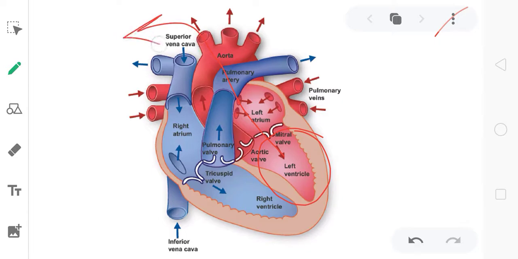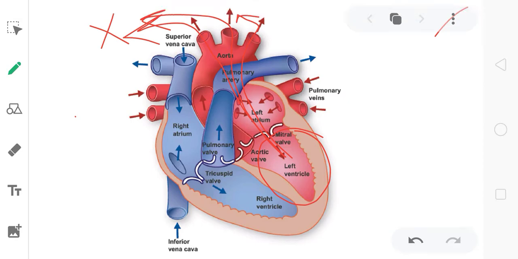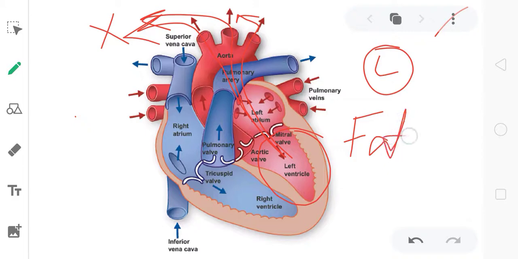So this will hamper the flow of oxygenated blood to the body through the aorta. So what will this cause? Failure of the oxygenated blood to flow properly will cause fatigue, fatigue of the body or excessive tiredness.